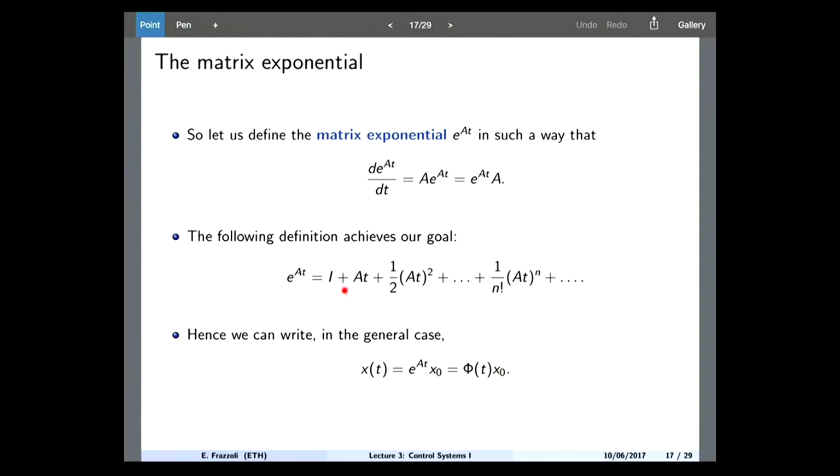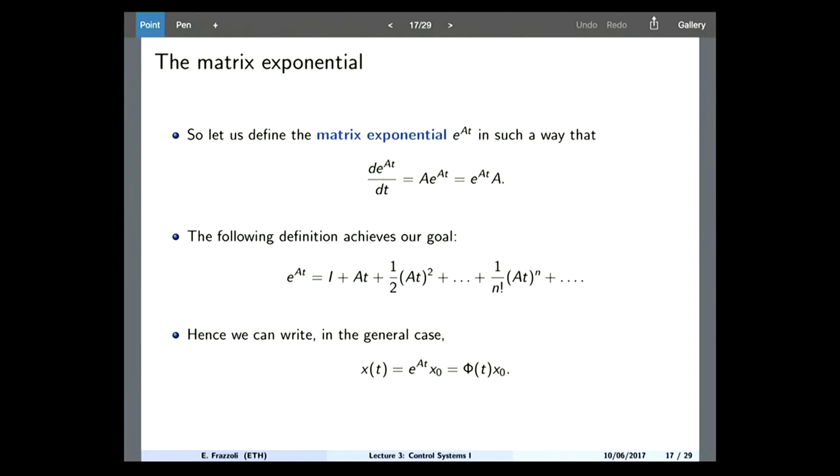This is the identity matrix, which in the scalar case is the number 1, but otherwise it's just a matrix with only 1s on the diagonal and all 0s. So we write this as identity plus At, where now A is a matrix, times the scalar t, plus 1/2 A squared t squared plus ... plus 1 over n factorial A to the power n t to the power n. Formally, this is exactly the same thing as the Taylor series expansion of the scalar exponential, but now it is applied to a matrix.